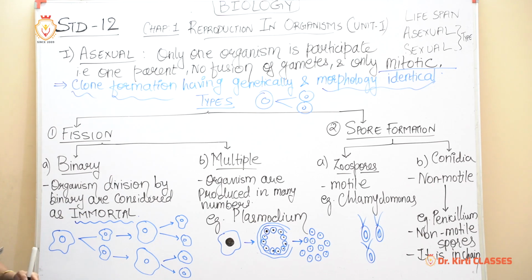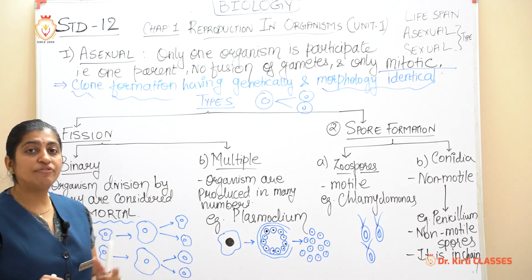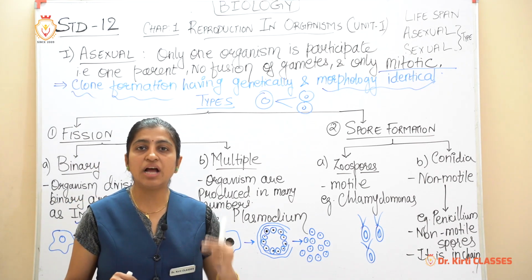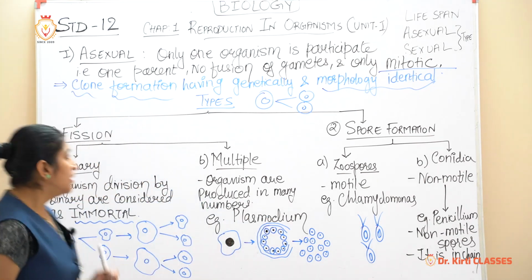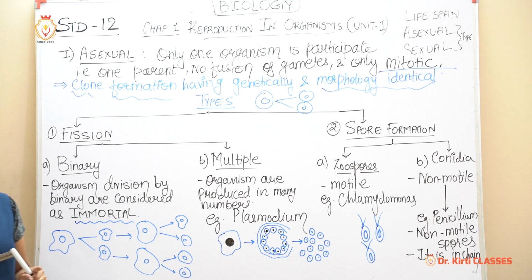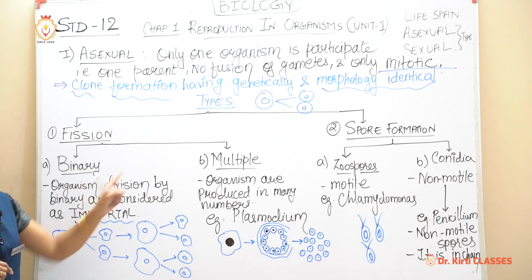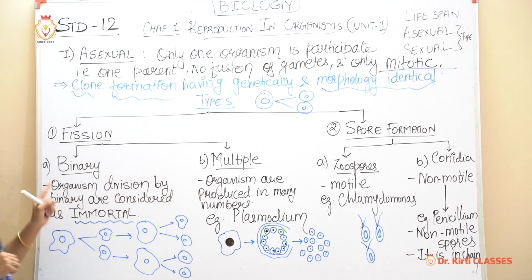So number one, types of asexual reproduction. There are 5 main types of asexual reproduction. We'll learn one by one. Number 1 is fission. Fission is of 2 types, binary and multiple fission.